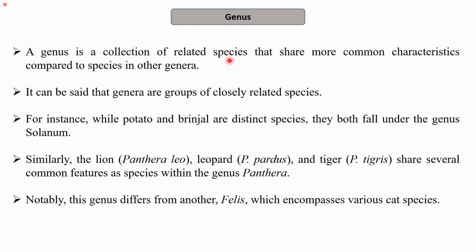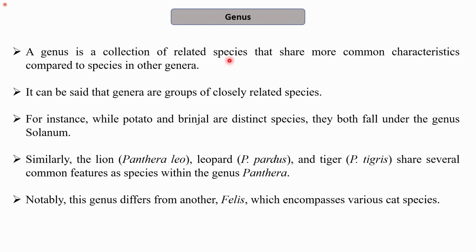At this level, we are now comparing different genera. For example, we have Panthera as a genus and Mangifera as a genus. Mangifera belongs to the plant kingdom. Panthera belongs to the animal kingdom. The genus will include related species that share more common characteristics compared to species in another genus.